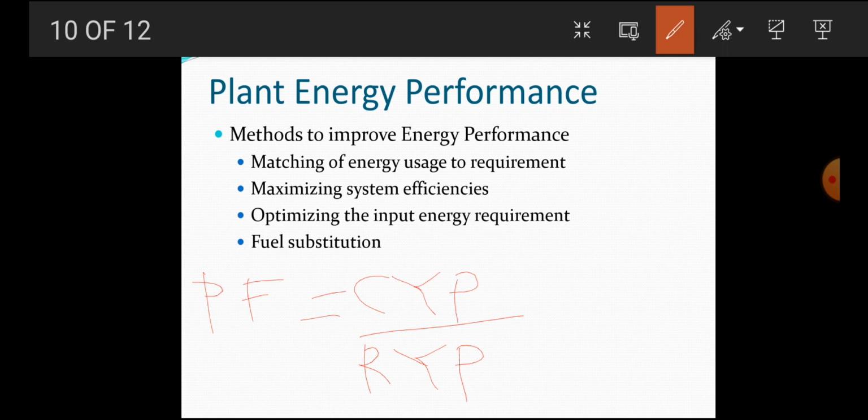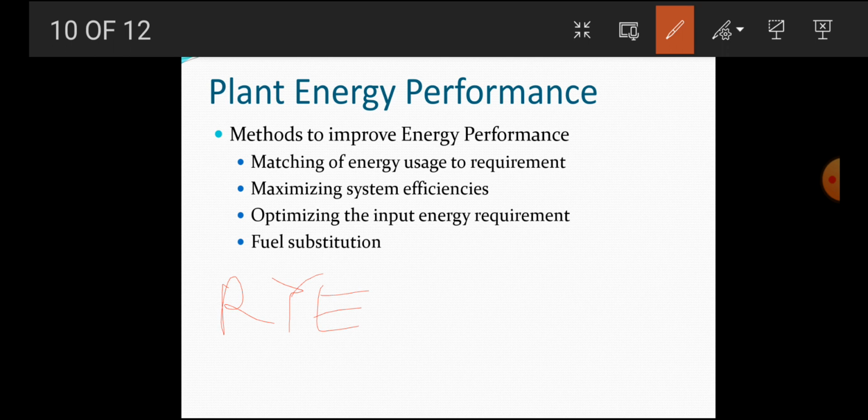Sometimes the energy consumption may increase more than the production factor due to some reasons. So another factor which is considered for energy performance is RYE, reference year equivalent energy usage. RYE is the energy that would have been used to produce the current year's production.